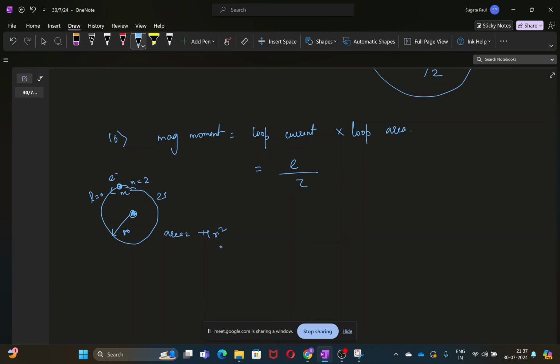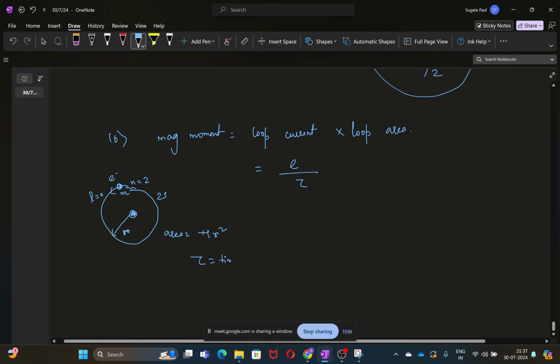So e by tau, let us say that tau is the time period of revolution of the electron in the loop. So time period means this is basically the loop circumference 2 pi r divided by v, the velocity of the electron. So tau equal to 2 pi r by v.